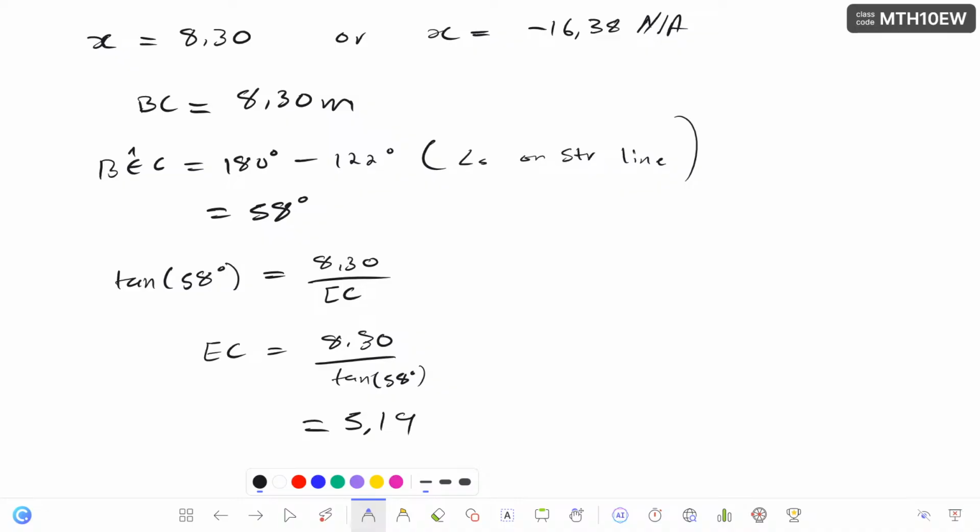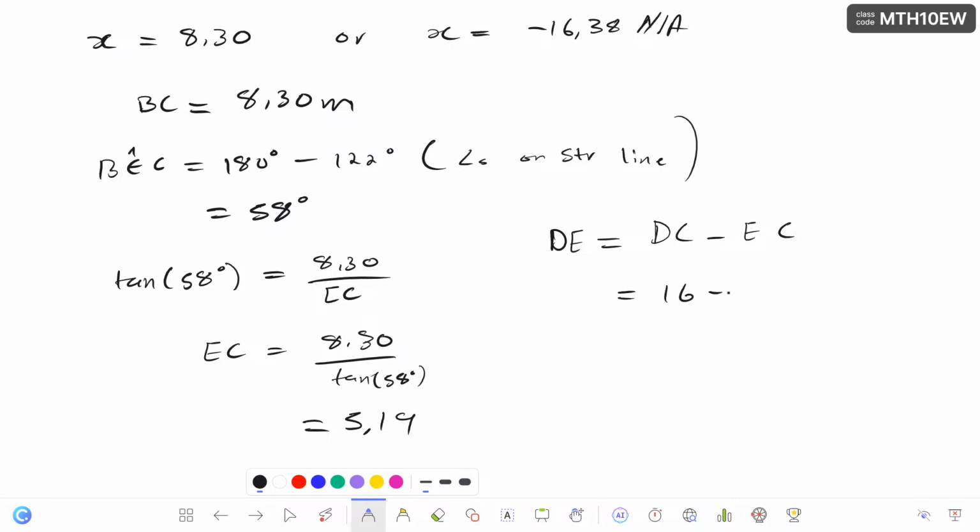So we can now conclude that our DE equals DC minus EC.